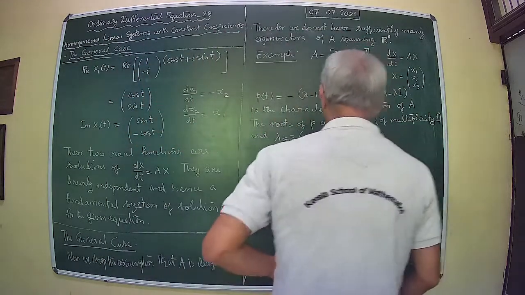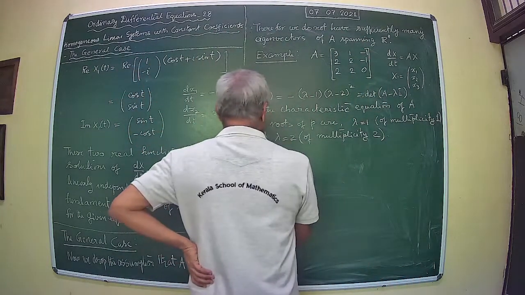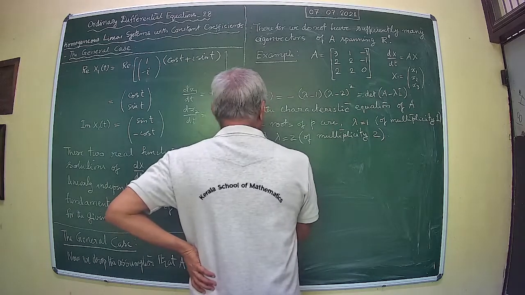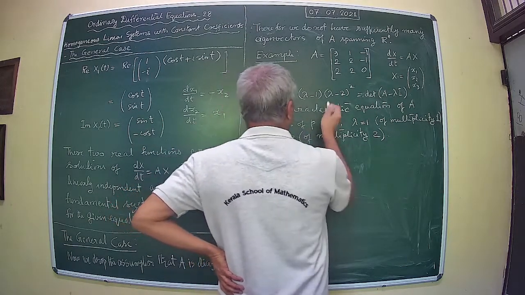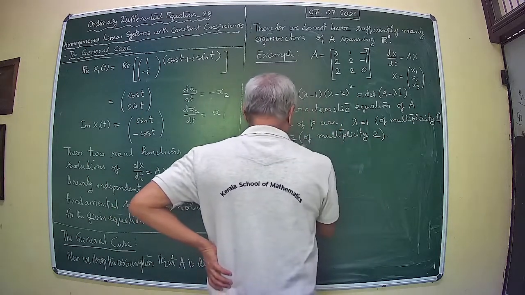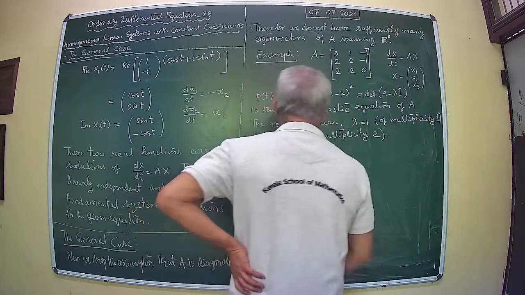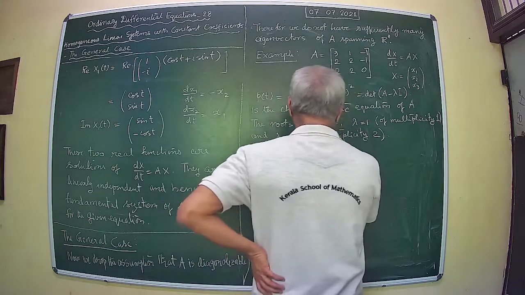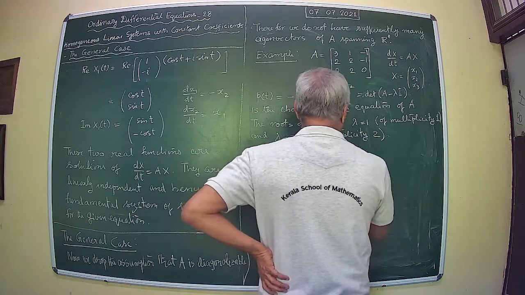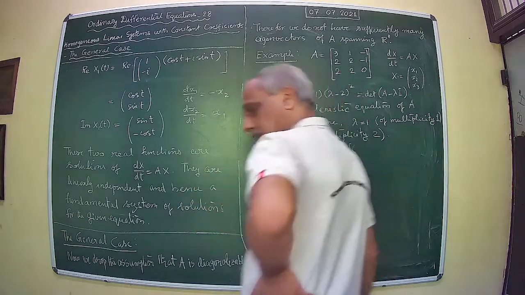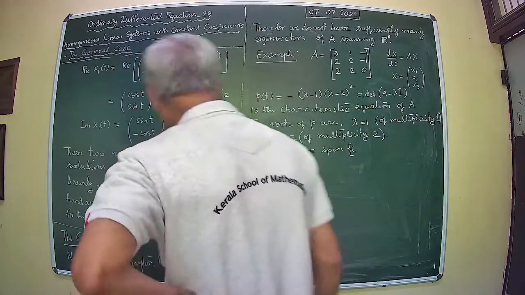one, zero, two. So the null space of A minus I is equal to the span of the vector 1, 0, 2.